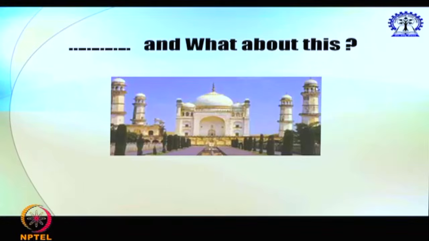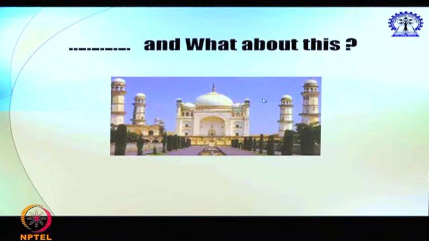Now, let us look at another picture, like this. If we ask what this picture is, most of us have seen images of a monument like this, which is the Taj Mahal. So, if I look at this picture, the immediate reaction will be that this is the picture of the Taj Mahal.